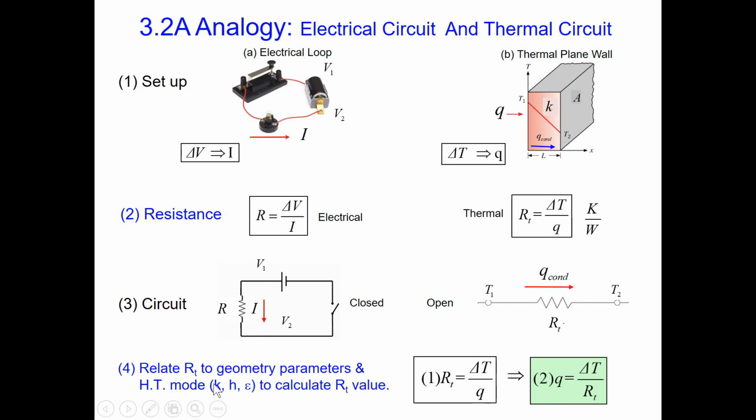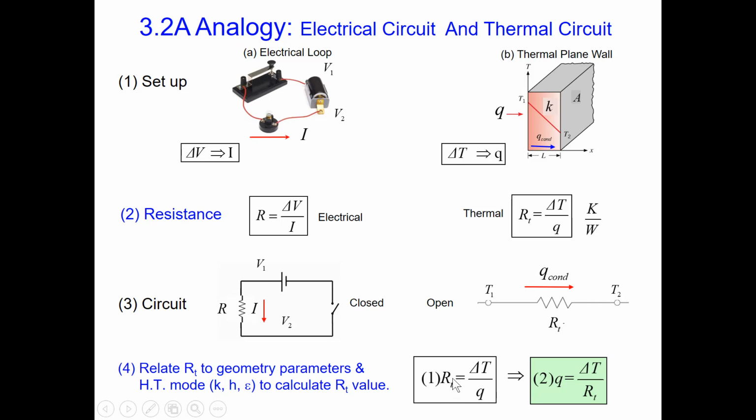Next, we're interested in relating the thermal resistance RT to the wall geometry parameters and heat transfer mode, so that we can calculate the thermal resistance value. How do we do that? This is the definition for the thermal resistance RT.